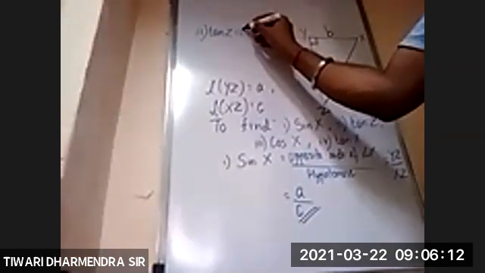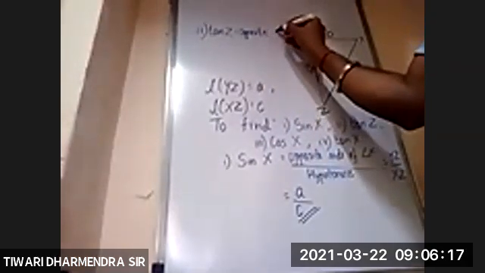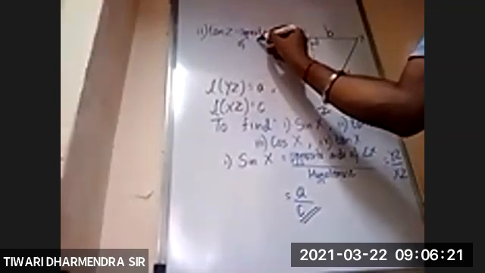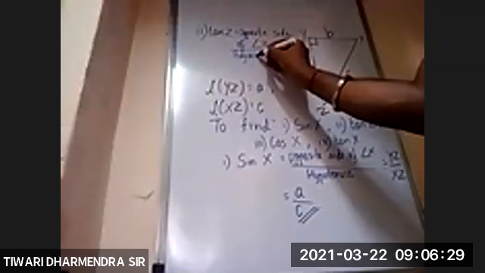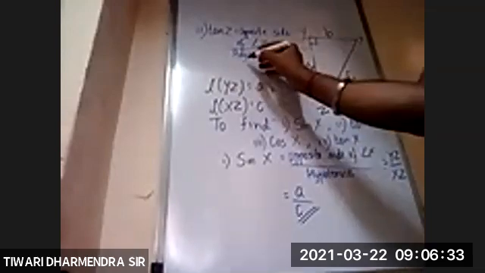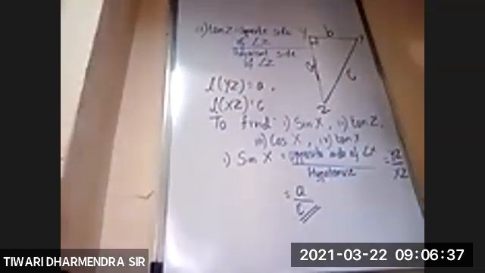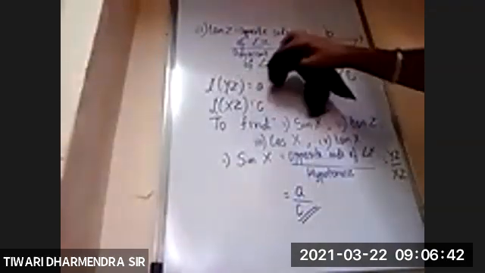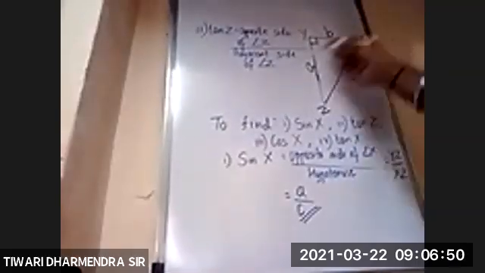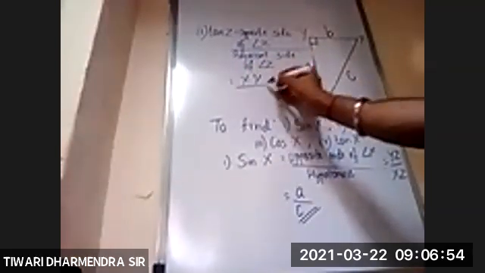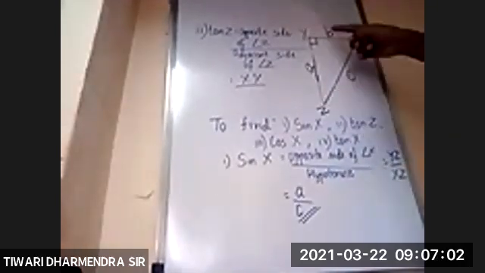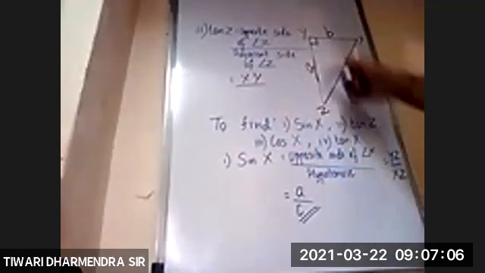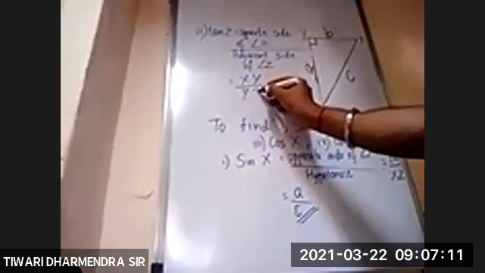So write the formula for tan Z: opposite side of angle Z divided by adjacent side of angle Z. From the given figure, we can see the opposite side to Z is XY, and the side adjacent to angle Z is YZ.